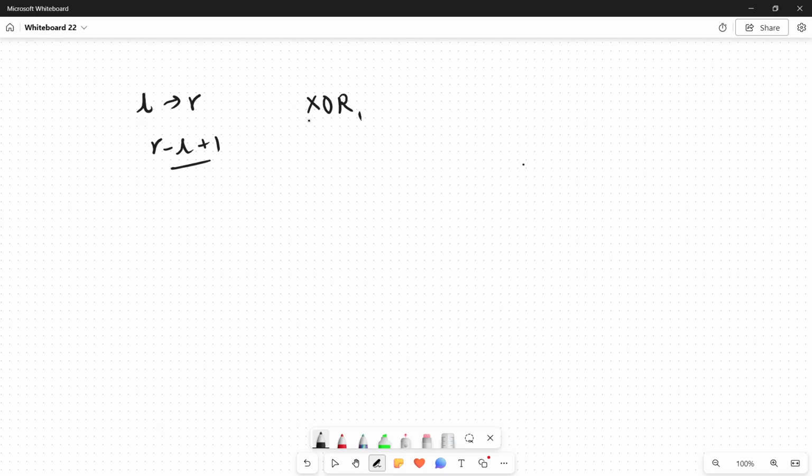Then we just have to take the XOR of the elements which were not interesting, that is, the uninteresting numbers.